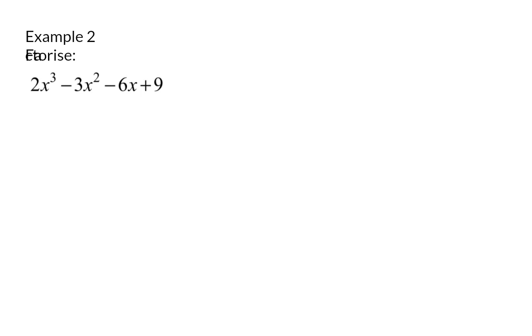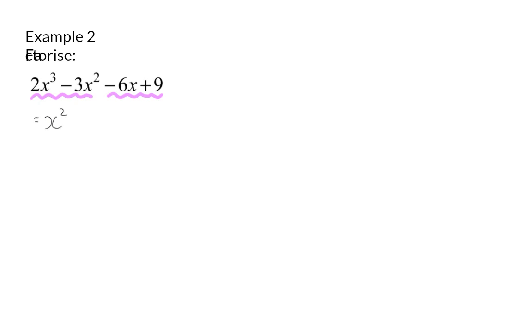Example 2. Factorize. Once again, here we have 4 terms, and there's no common factor for all 4 of them at once. And that is why we will do grouping. I will once again choose to group the first 2 terms together and the last 2 terms together. In my first group, the common factor is x squared.